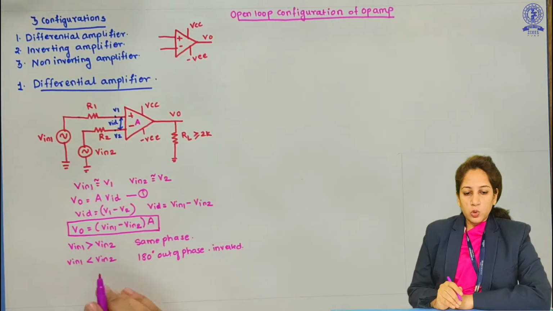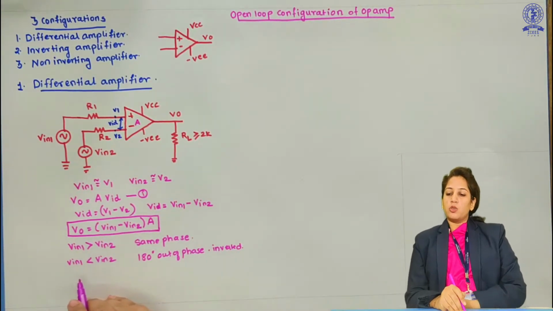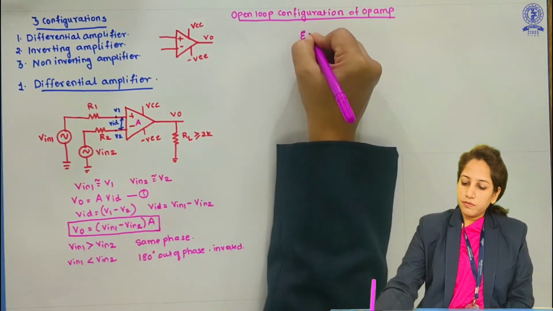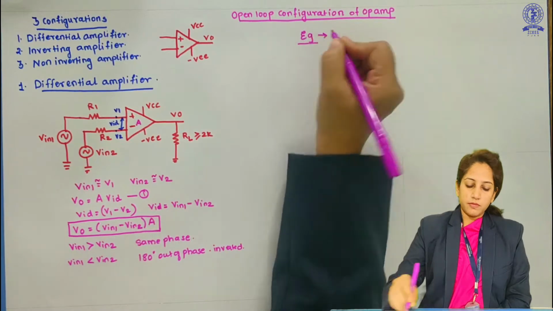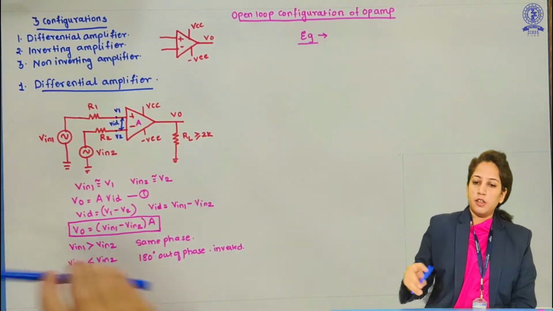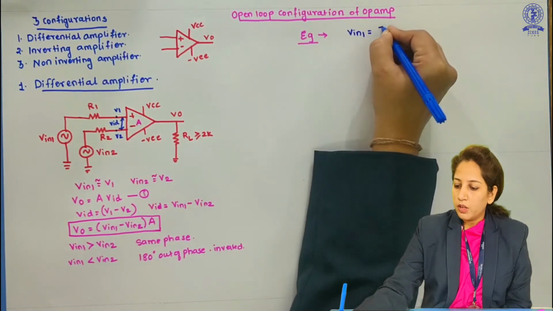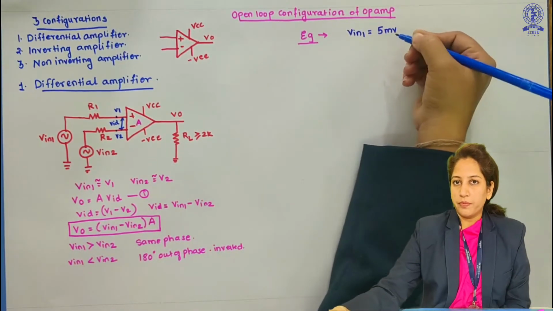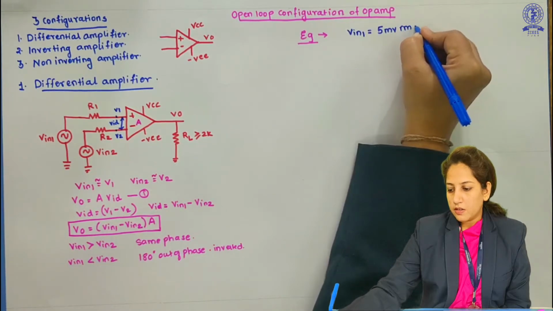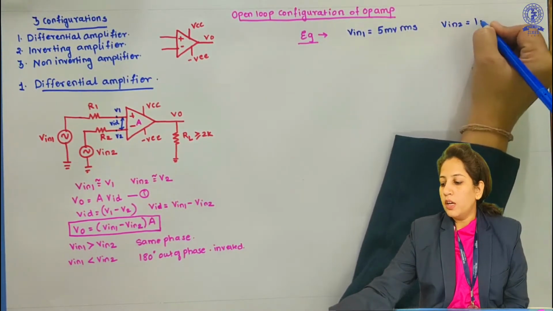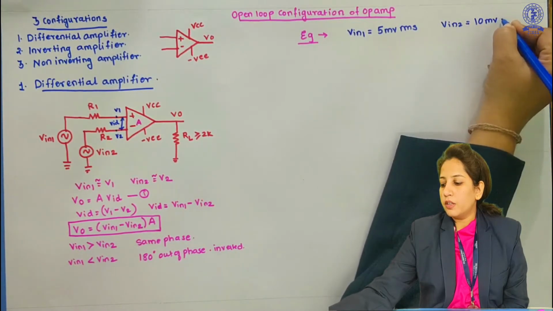Okay, so let's see one example for this. For example, if I say that my Vin1 is equal to 5 millivolt AC and Vin2 is equal to 10 millivolt RMS.